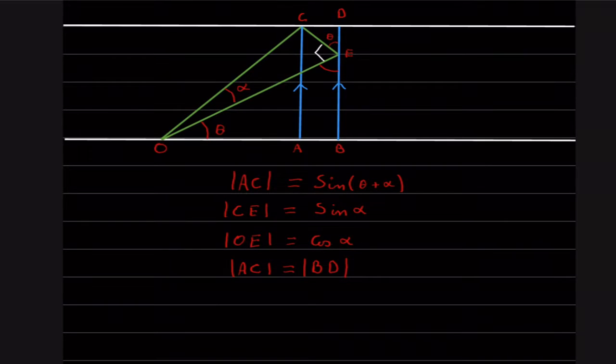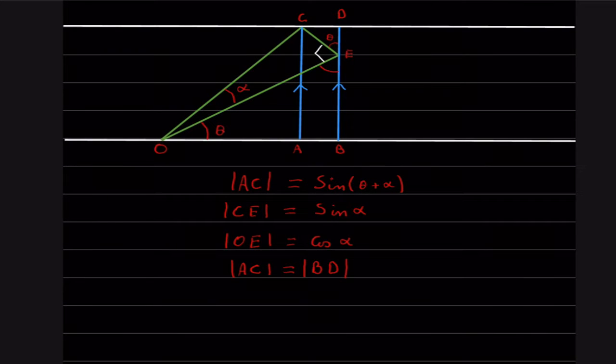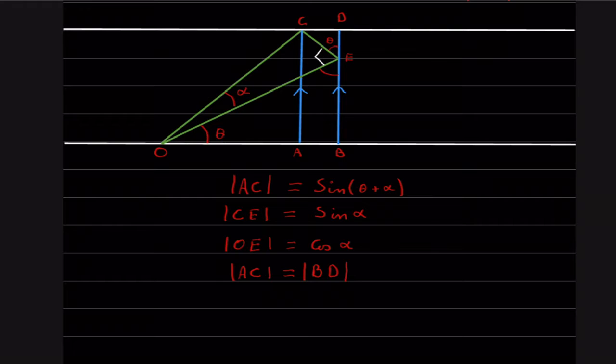Okay, so now that we have these lines set, I would like to start and maybe find the length of this line DB so that we at least know the length of this line CA.